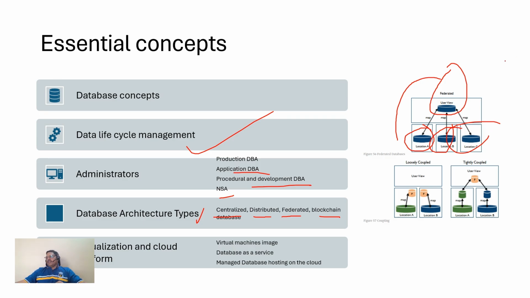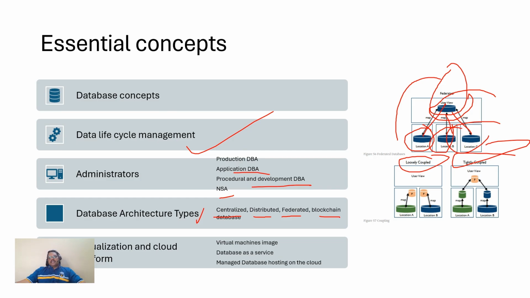These locations are all integrated with a single autonomous system, and the user can view all of A, B, and C. That is a federated system, and this federated system can be loosely coupled as well as tightly coupled. Okay, and we also have a blockchain database, utilizing blockchain technology for secure, decentralized data storage.